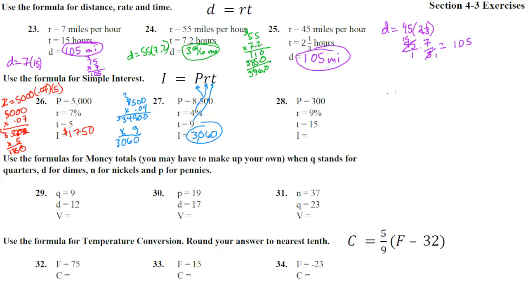Number 28. 300 times 9%. Let's put it over here. Oh, we should see that we're doing the same thing. It's going to be 300 times 0.09. That's the R times 15. So 300 times 0.09, we'll do that one first.